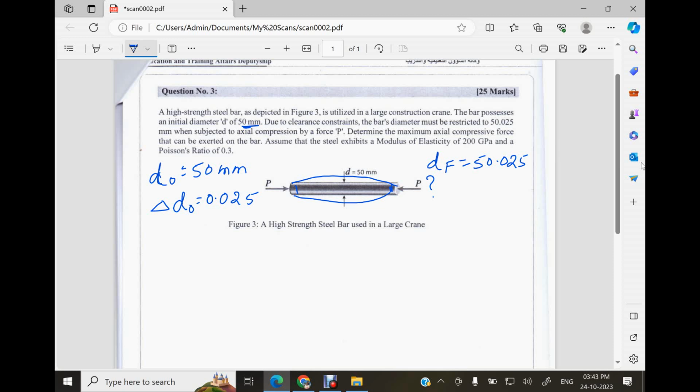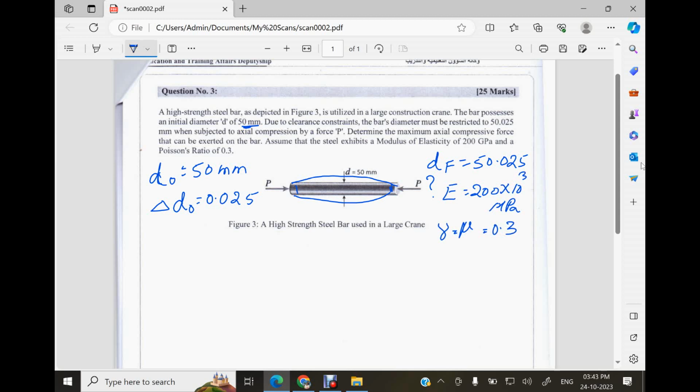He gives me E is equal to 200 gigapascal, that is 10 to the power of 3 megapascal. And he also gave me Poisson's ratio as 0.3. Fine. This is what he has given us.